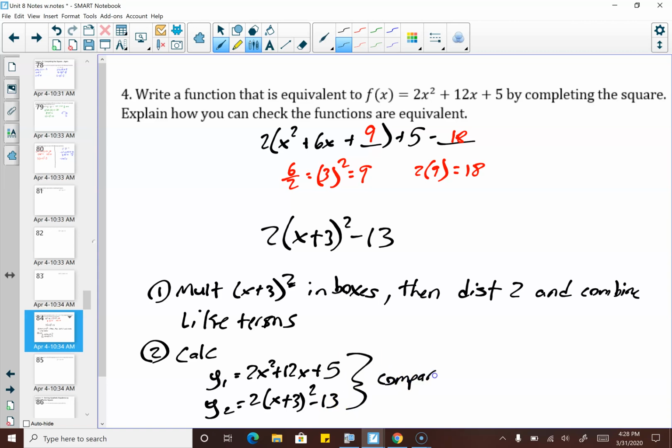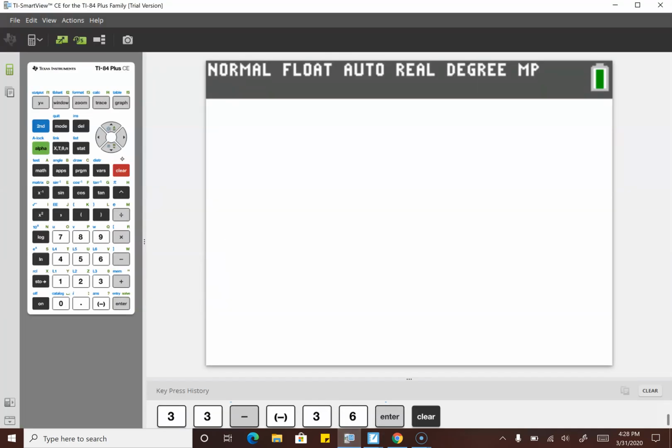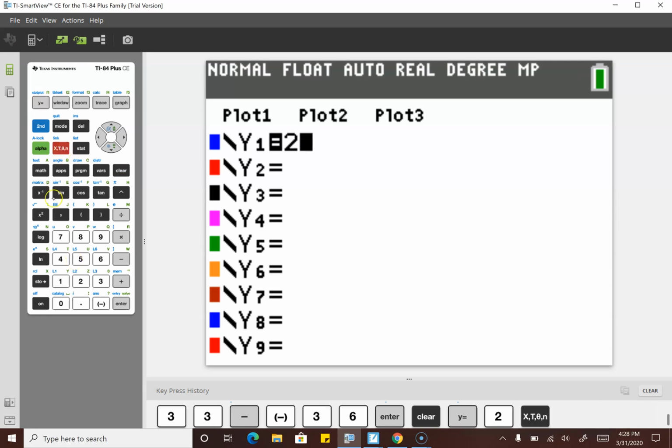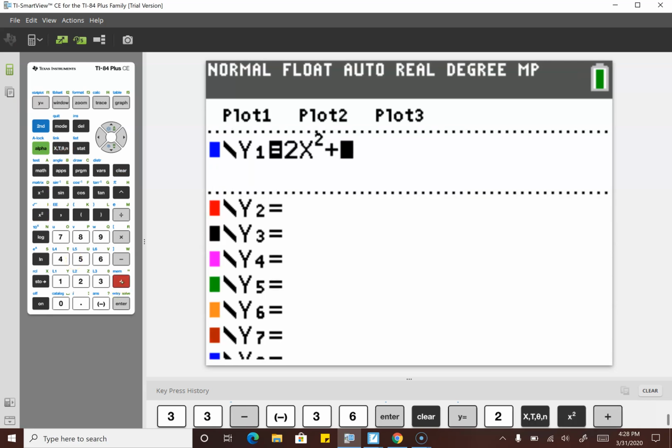And then you want to compare your calculator tables. So really quick, I just want to show you what that looks like here. So we have 2x squared plus 12x plus 5.